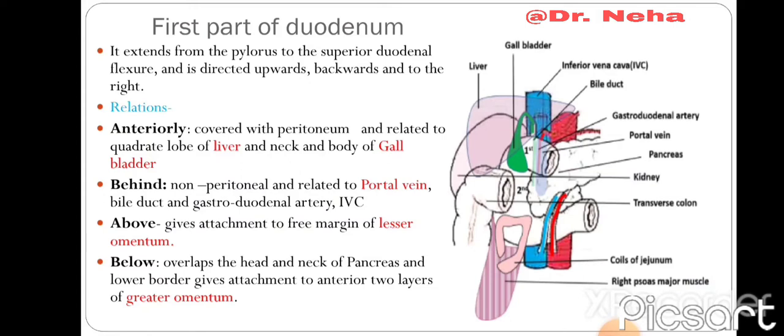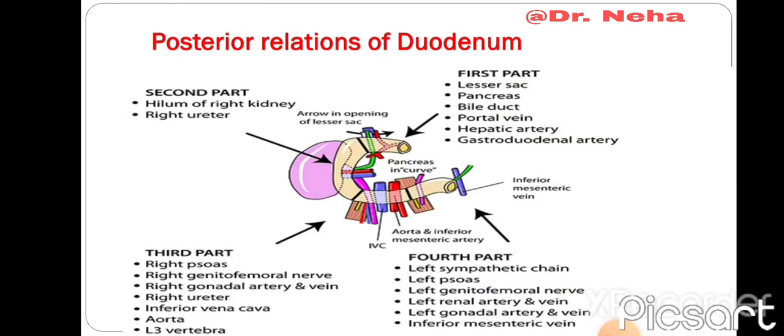It gives attachment to the free margin of the lesser omentum. Below, it overlaps the head and neck of the pancreas, and the lower border gives attachment to the anterior two layers of the greater omentum. So these are the relations of the different parts of the duodenum.